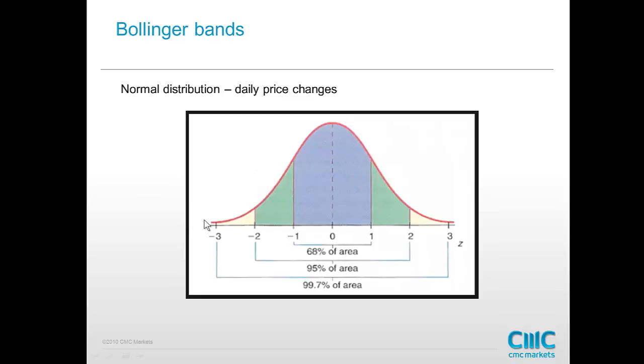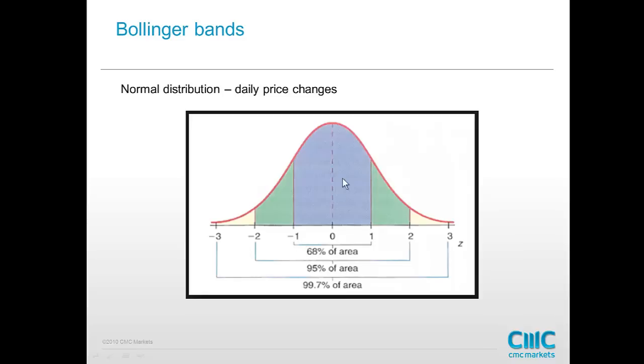So on this vertical axis, we're looking at the frequency of how often a particular change occurs, and along here we see how much the actual price change deviates from the average. And these measures here are standard deviations, another statistical term that mathematicians like to throw around. Once again, we don't need to know how standard deviations are calculated to get the principle underlying Bollinger Bands.